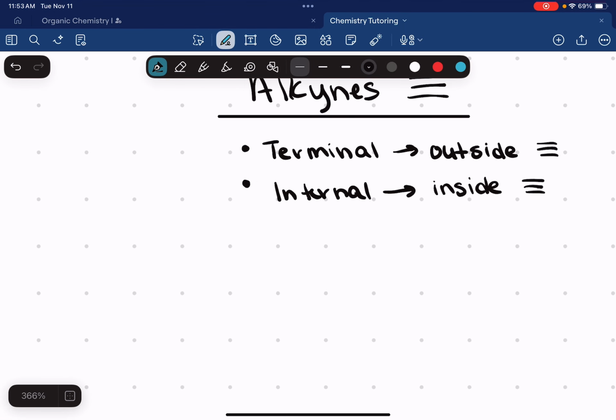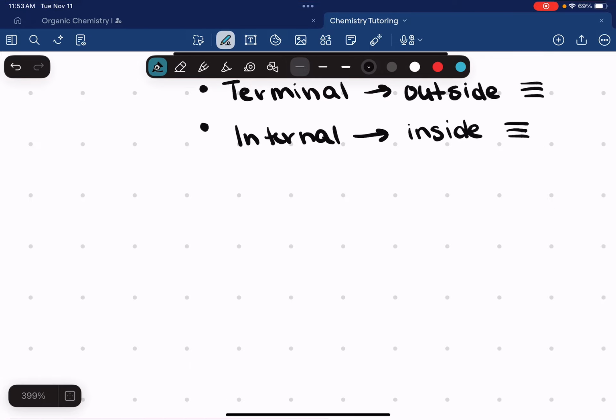Okay, so internal, we'll draw examples of both. And then terminal.